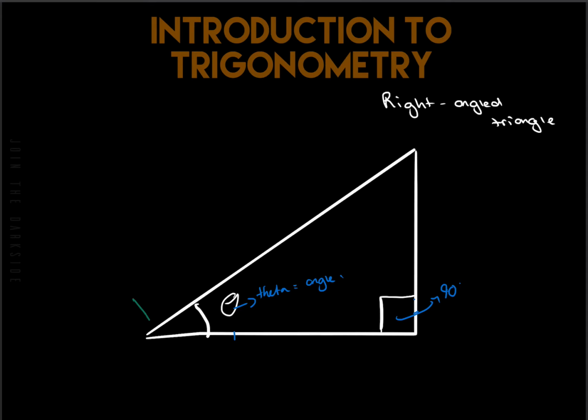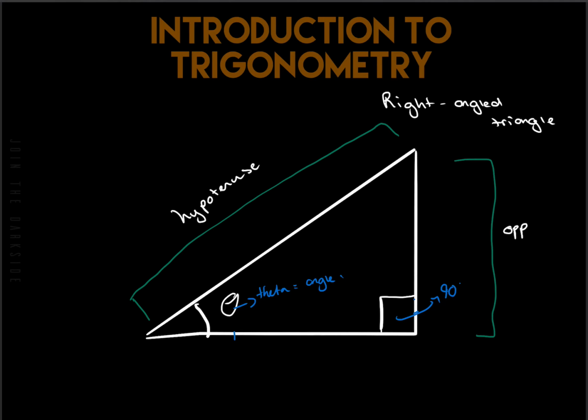This side here is called the hypotenuse. The hypotenuse is the long side of the right triangle. This is called the opposite.